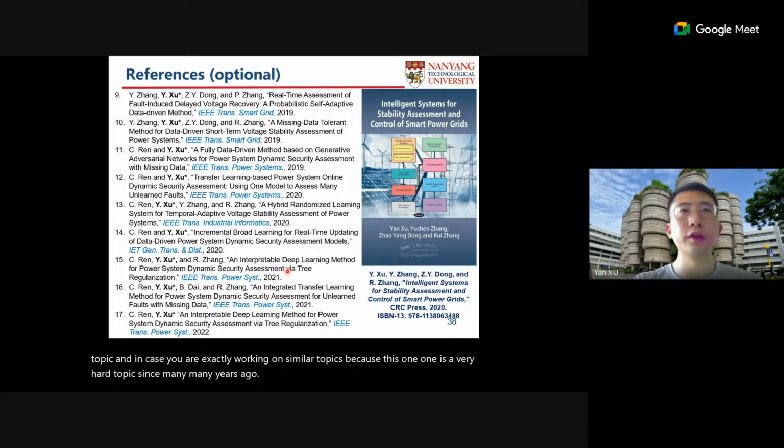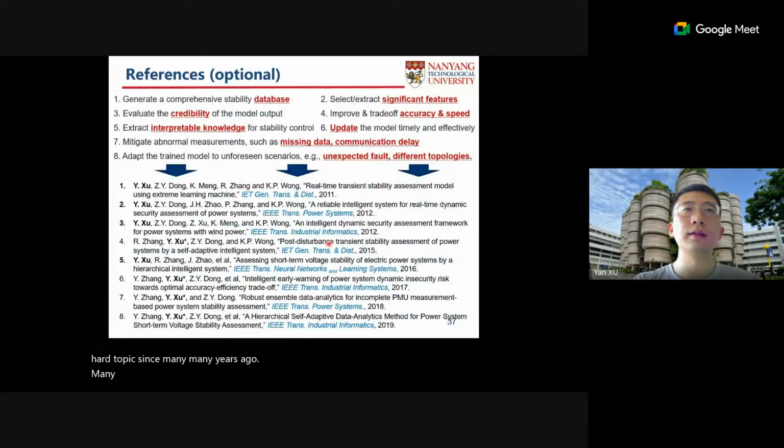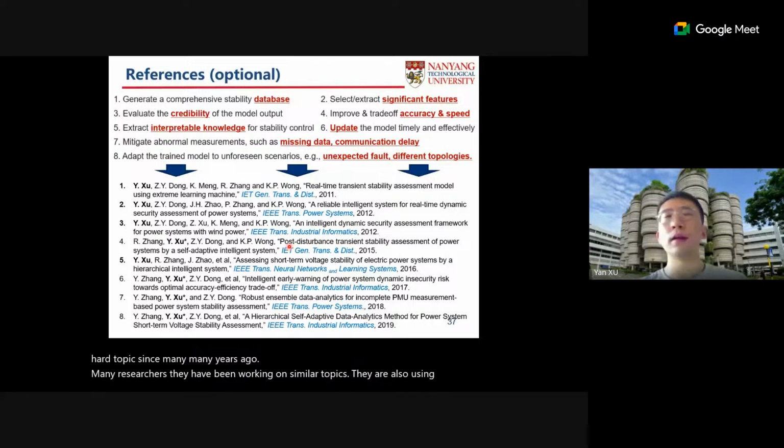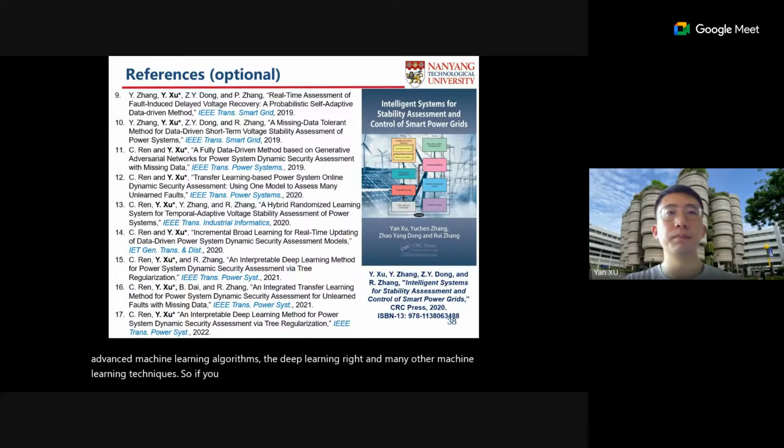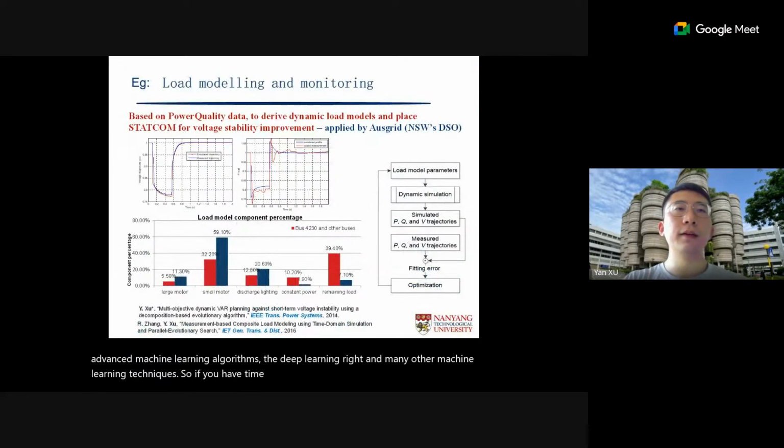Many researchers have been working on similar topics. They are also using the most advanced machine learning algorithms, deep learning, and many other machine learning techniques. So if you have time, please take a look. So that is the first.